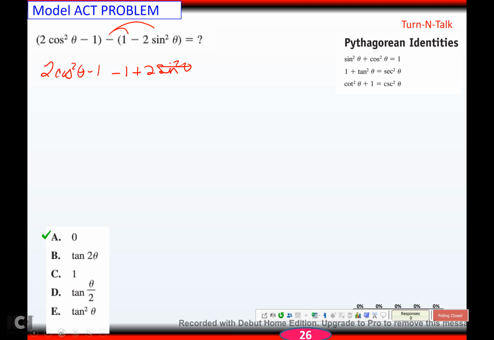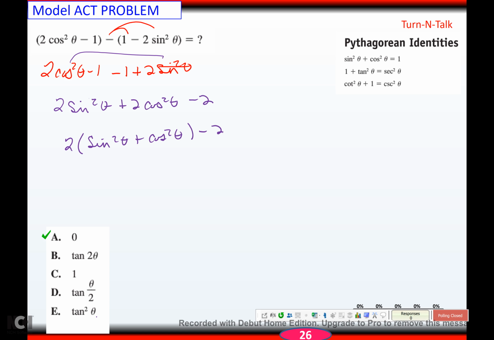Well, if I combine like terms, I would have 2 sine squared theta plus 2 cosine squared theta minus 2. Factor out the 2, that leaves 2 times sine squared theta plus cosine squared theta, minus 2. This is 1. So 2 times 1 is 2, minus 2 is 0.